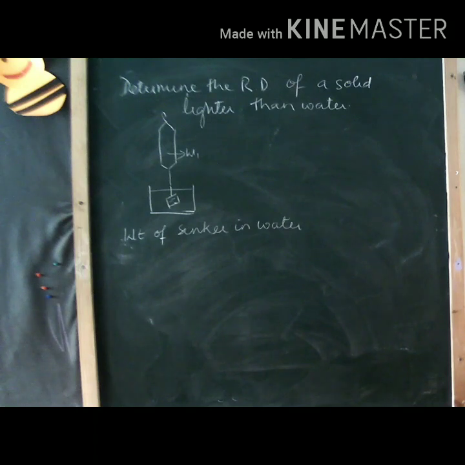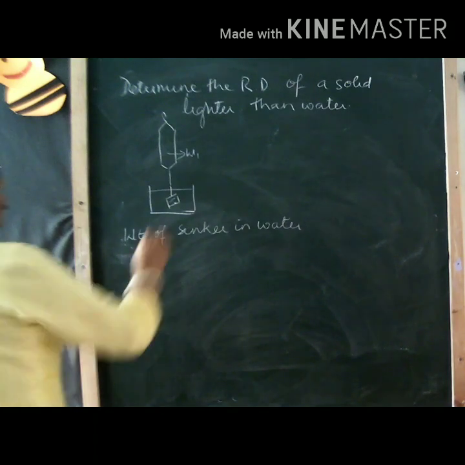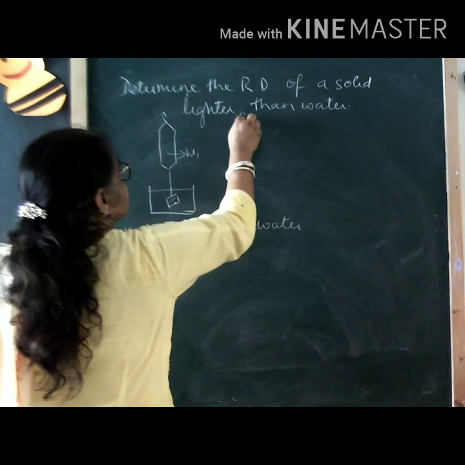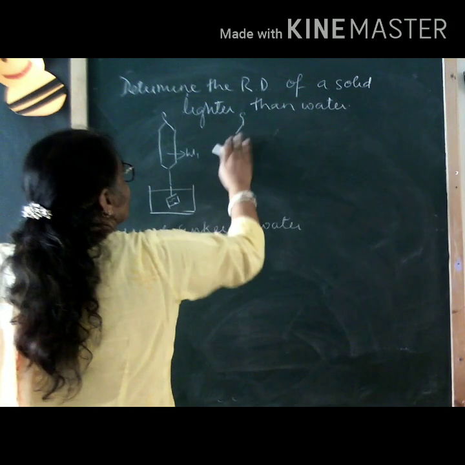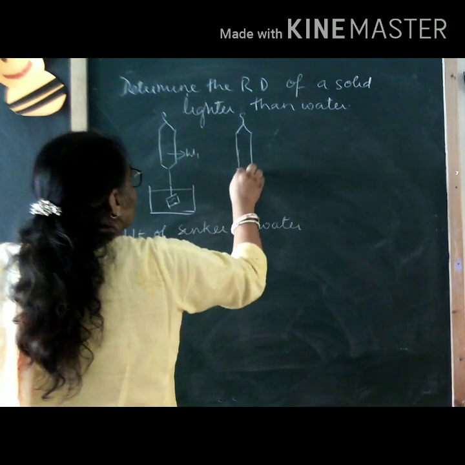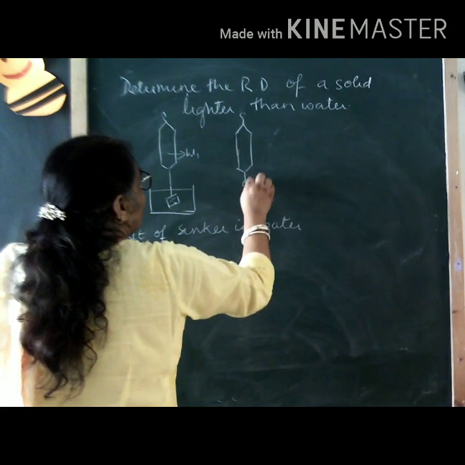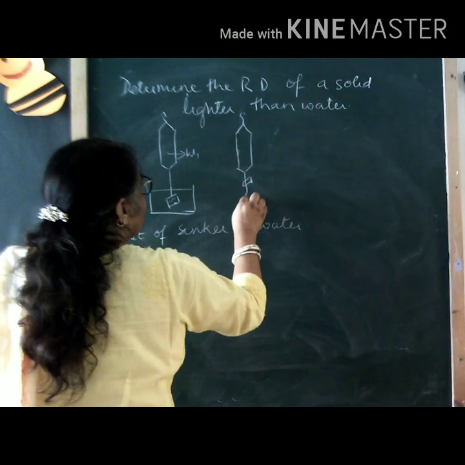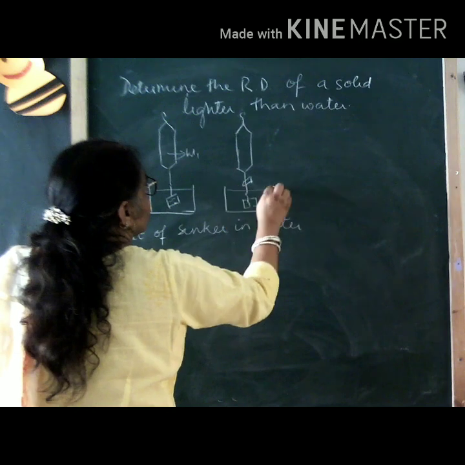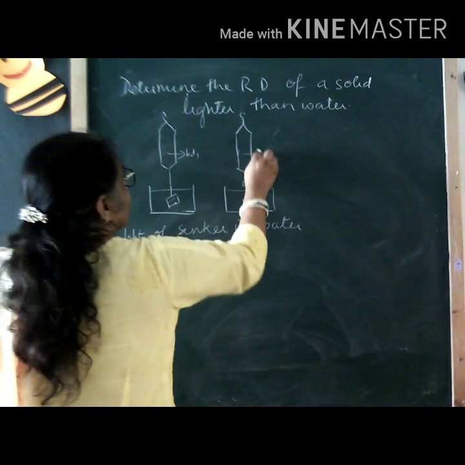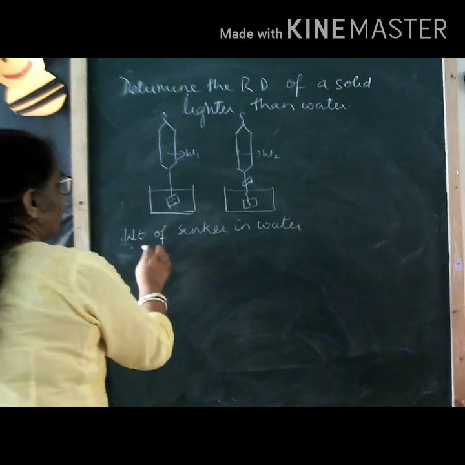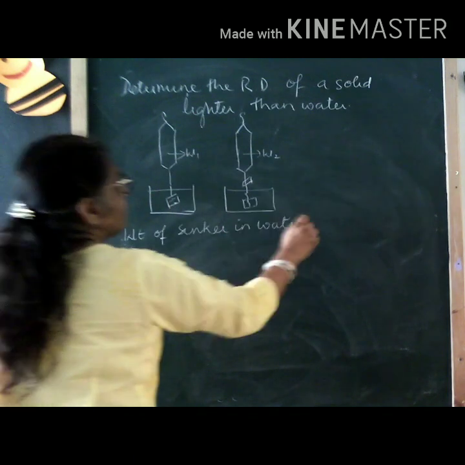Right? So now I have got weight of sinker in water. Now what I will do is, I will tie a cork over here. That means now I have a situation where my cork is tied over here and the sinker is in the water. So children, here I have written weight of sinker in water, W1.